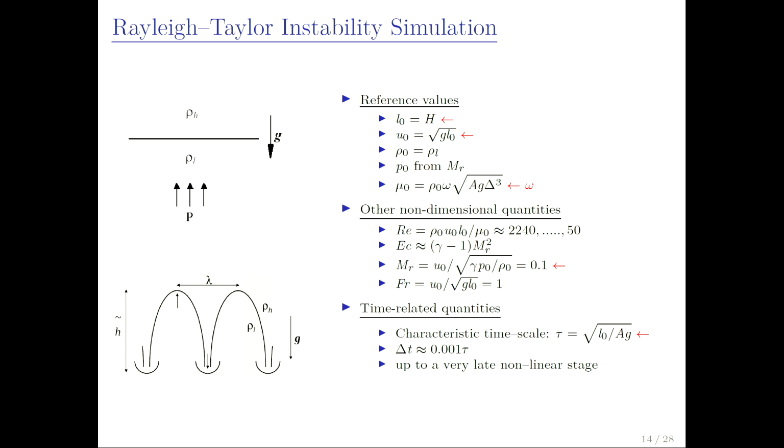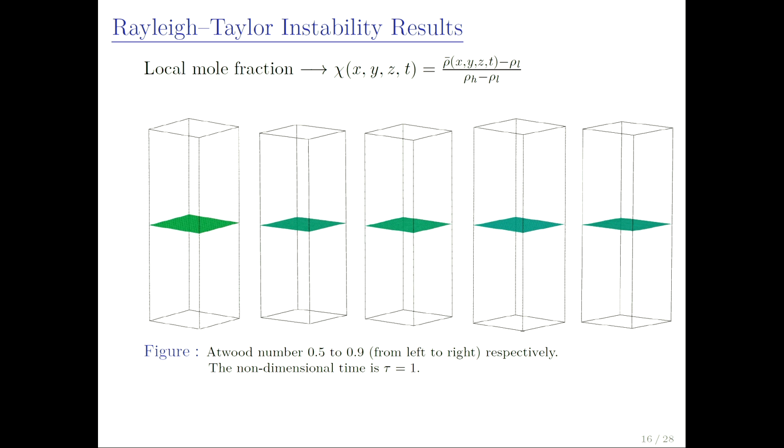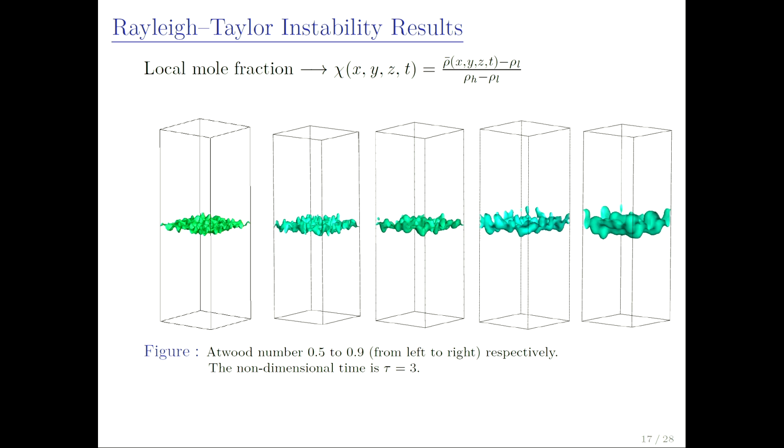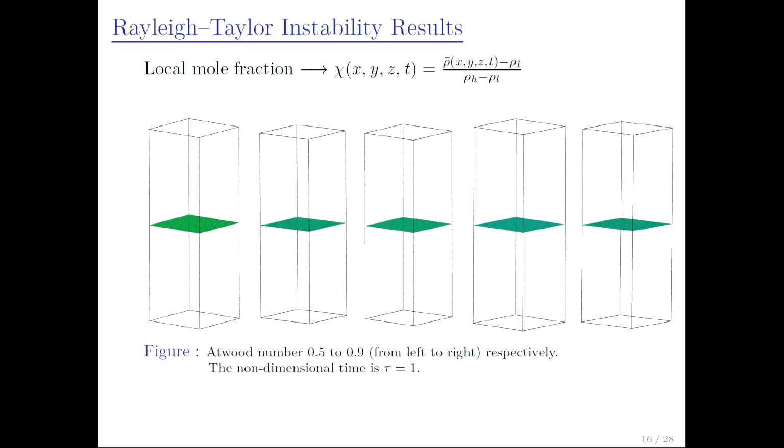Let's compare the effect of high Atwood numbers. So let's compare the local mole fraction evolution of the Atwood numbers here. Sorry, this is not initial. The time is 1 in terms of non-dimensional units. There's nothing.